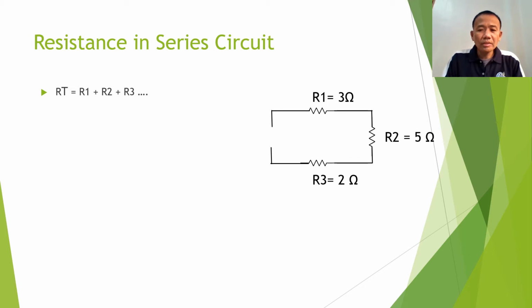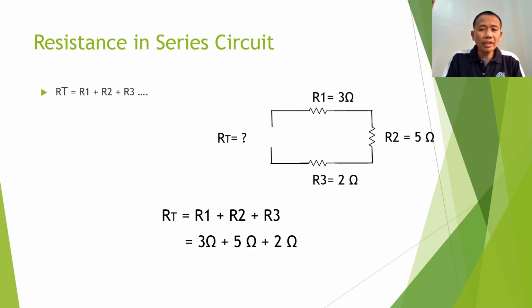Then, what's missing is the total resistance. So using the formula RT equals R1 plus R2 plus R3, we substitute the values from the given diagram for the series circuit. So 3 ohms plus 5 ohms plus 2 ohms will give us the total resistance of 10 ohms.